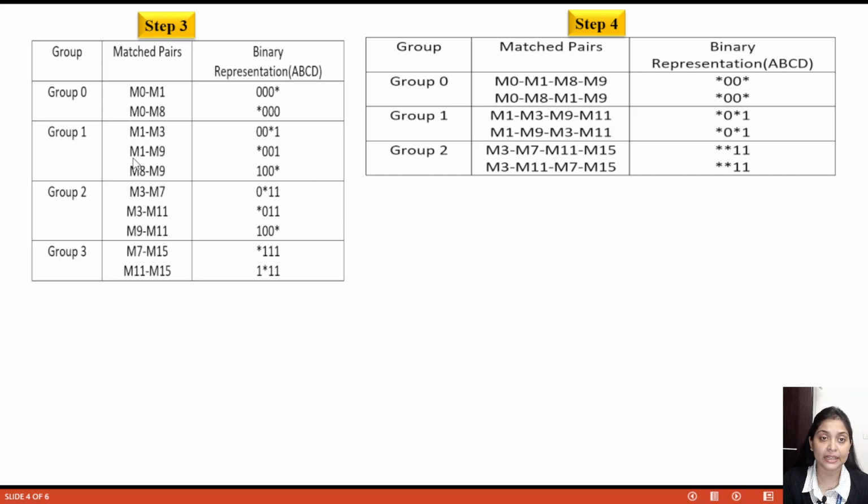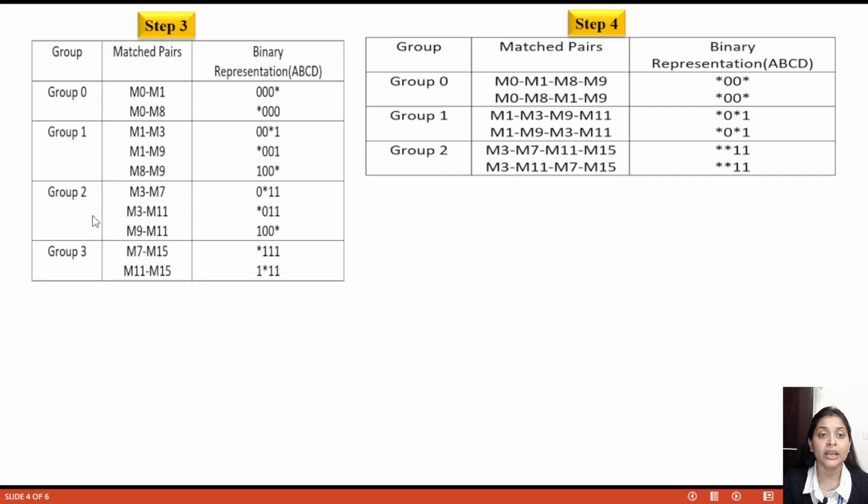In the case of M1 M9 comparison to M3 M7 it will not be considered, but M1 M9 M3 M11 has only 1 bit change. Other M8 M9 with others, no other 1 bit change will happen, so we will not consider those.